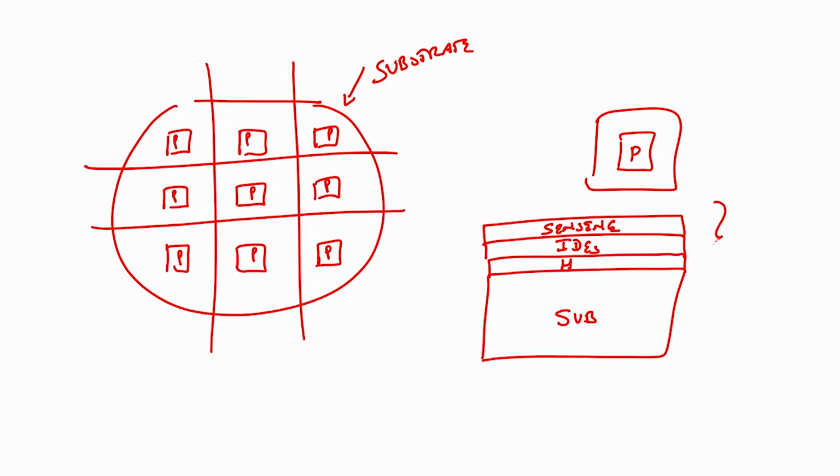Now, what does this become? This becomes a VOC sensor or gas sensor, right. You have a substrate, a heater, interdigital electrodes and sensing layer.